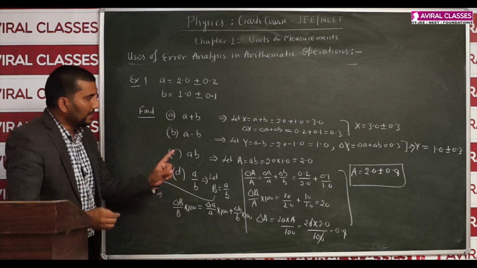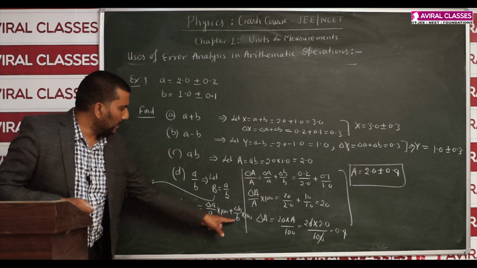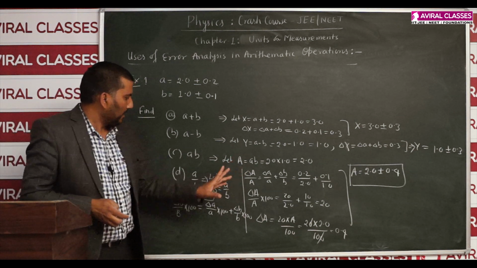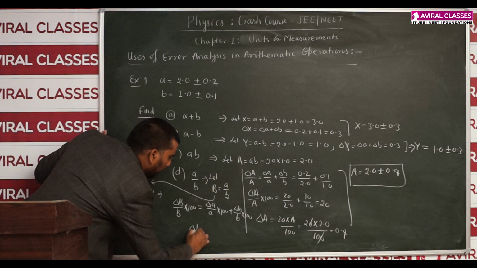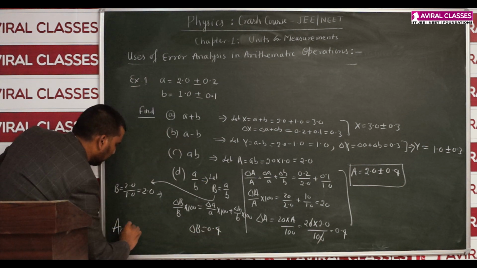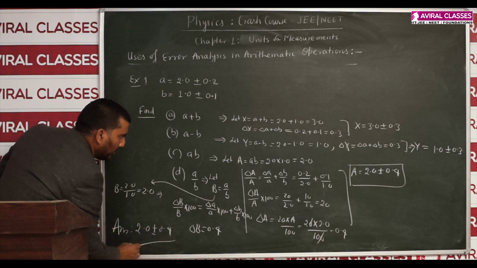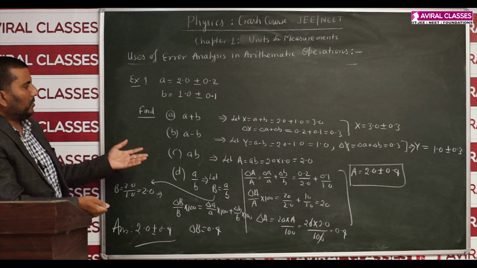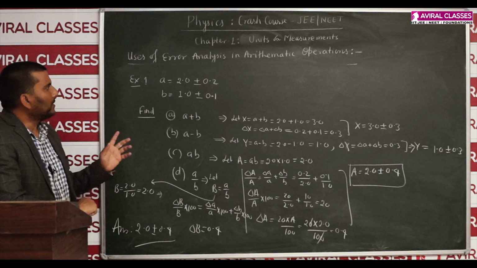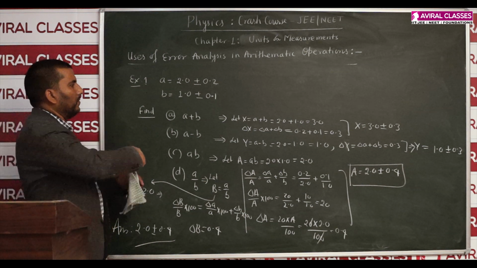Now you can easily understand quantities are same. So you'll get same. A value of B is also same as A. So delta B you'll get as 0.4 and answer is 2.0 plus minus 0.4. Fortunately in this case you got same answer. You may not get same answer in different cases. This was example 1. Now I'll consider one more case.